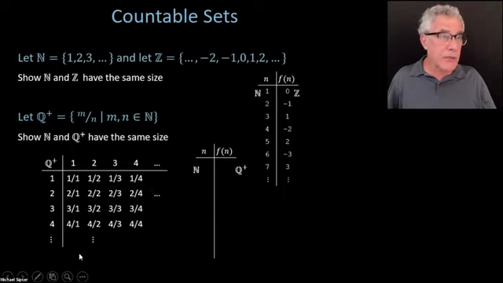So the numbers inside represent all of the different rational numbers. And whatever rational number you have, m over n, that's going to appear down the mth row in the nth column. So they're all going to show up. And I'm going to use this table to fill out this function.